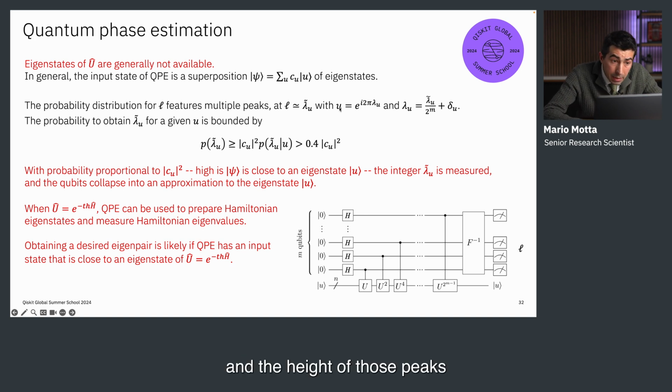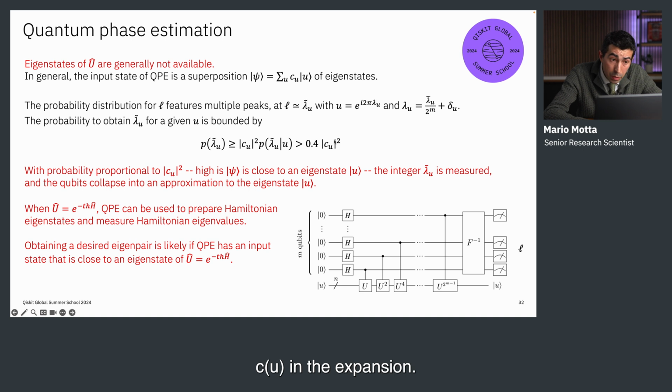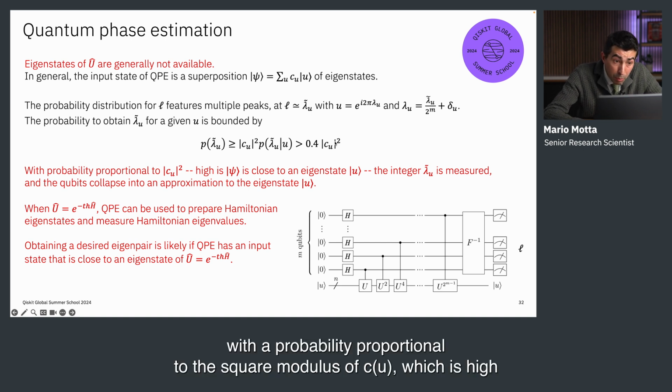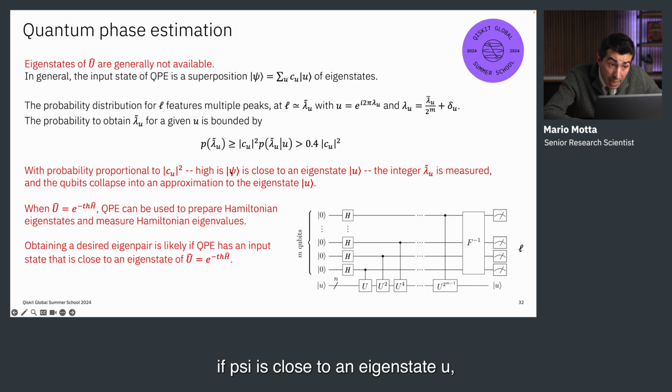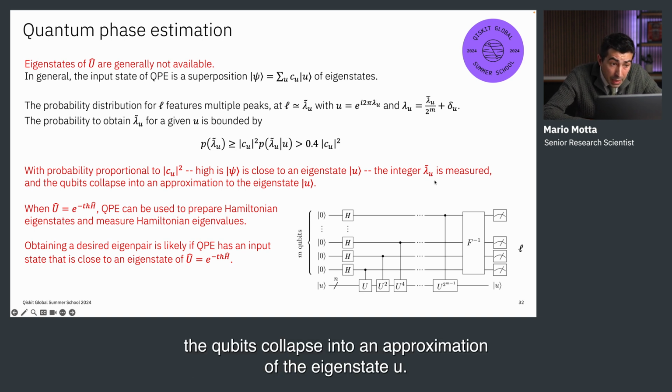And the height of those peaks is controlled by the absolute value squared of the coefficients C_u in the expansion. So with probability proportional to the square modulus of C_u, which is high if psi is close to the eigenstate u, the integer lambda tilde u is measured and the qubits collapse into an approximation of the eigenstate u.